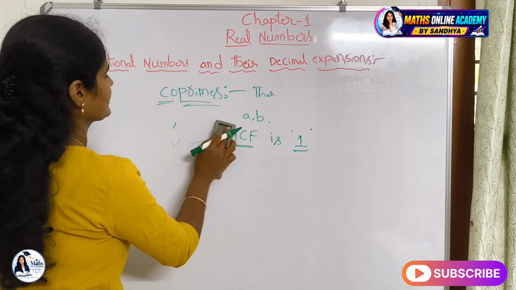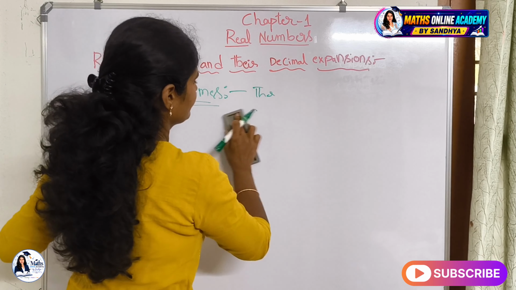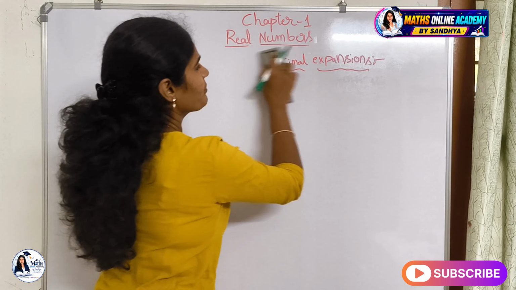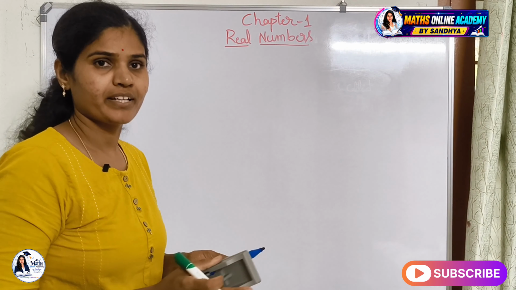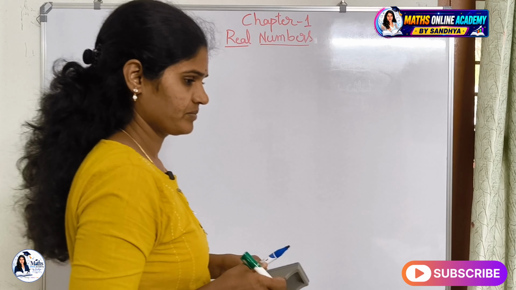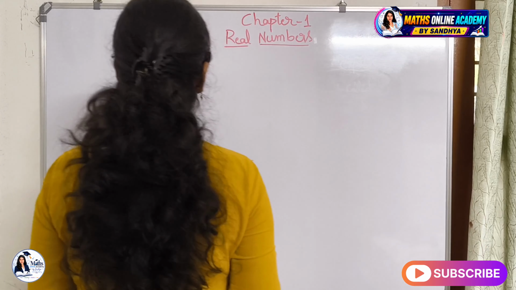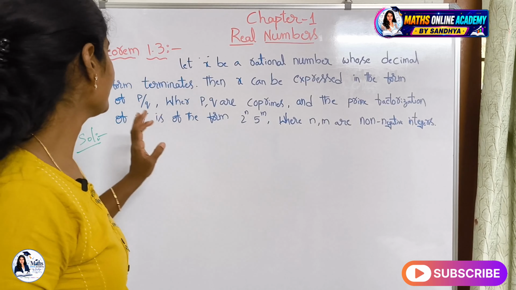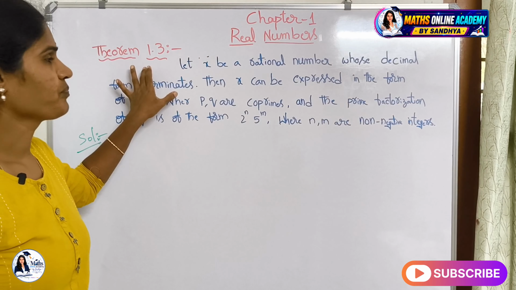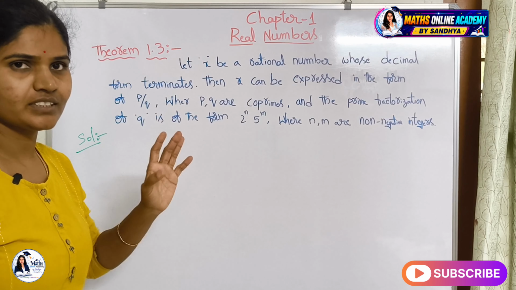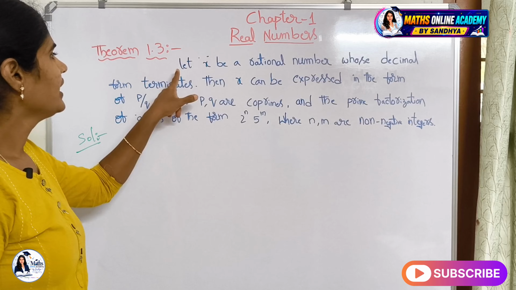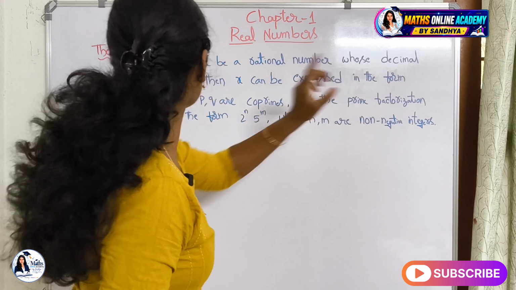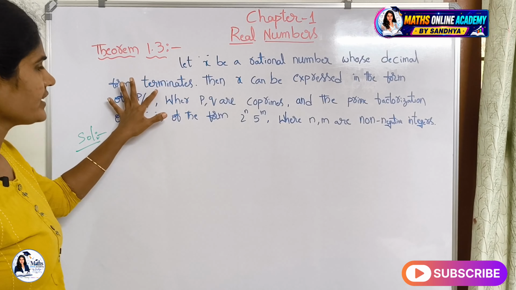Okay. Next theorem, Theorem 1.3. First see what the statement is. Let x be a rational number whose decimal form terminates.